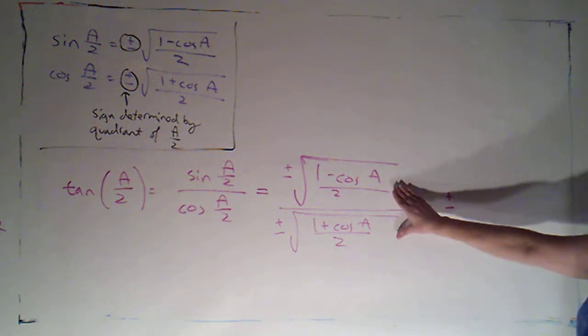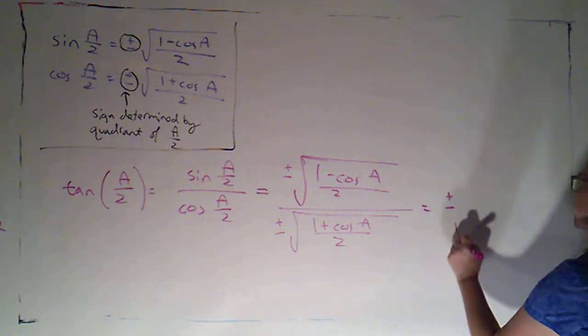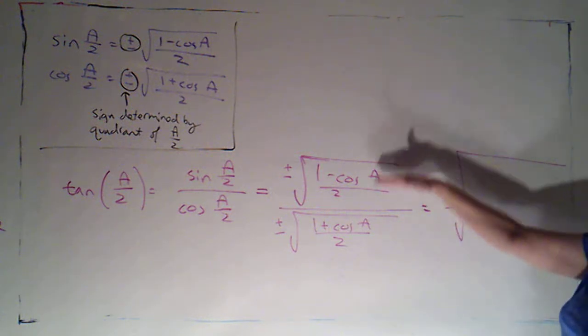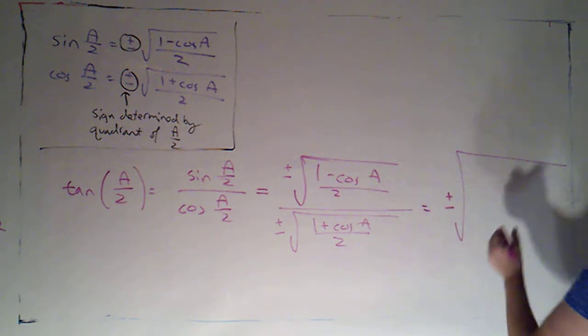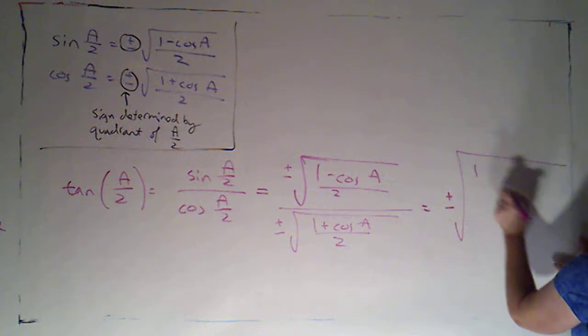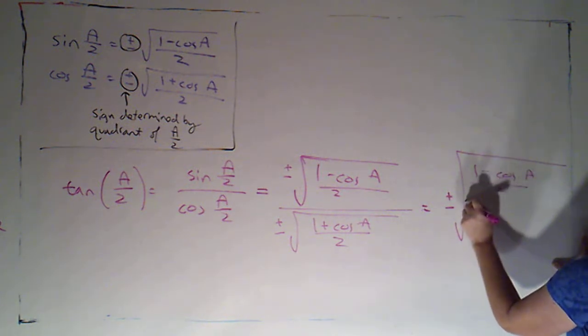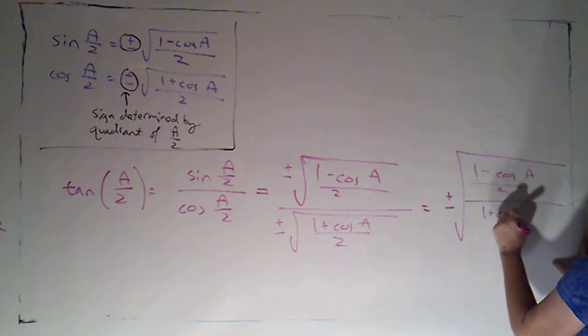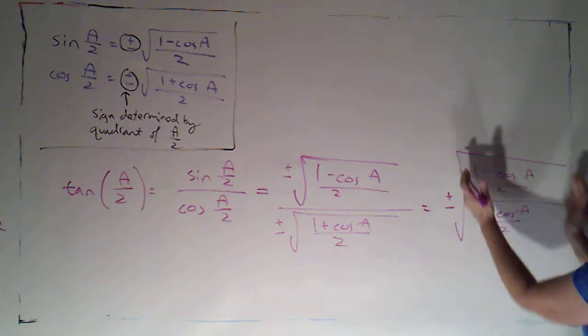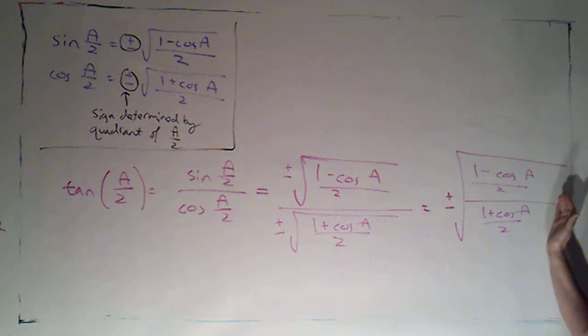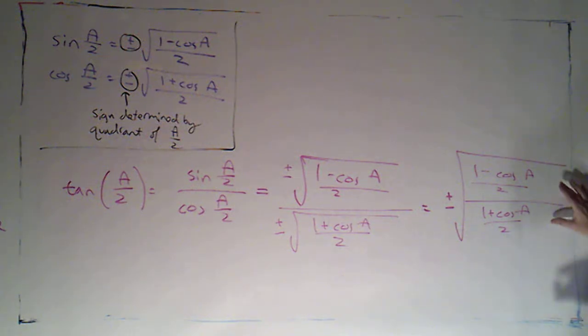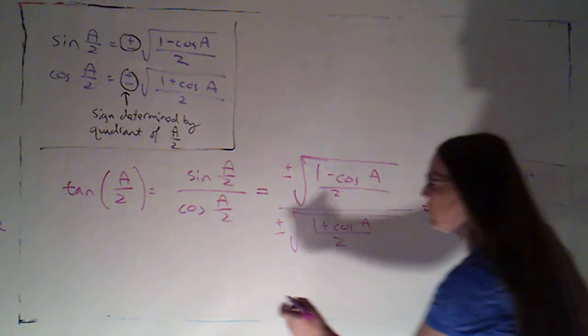Now, I know that I can write this all under one big square root because square roots do distribute over multiplication and division. So I'm going to get (1 minus cosine A) over 2 all over (1 plus cosine A) over 2. But now that I have a fraction divided by a fraction, I can flip and multiply.